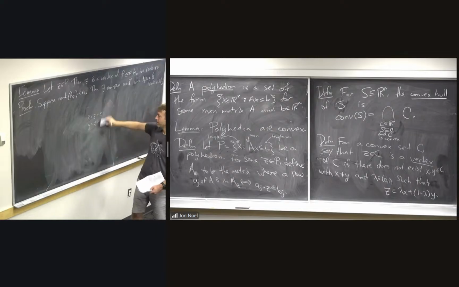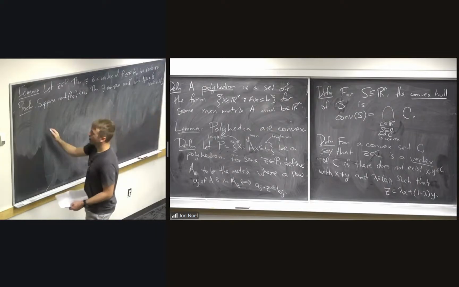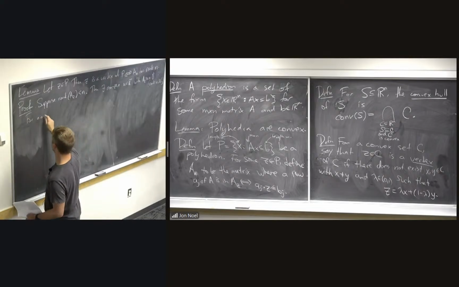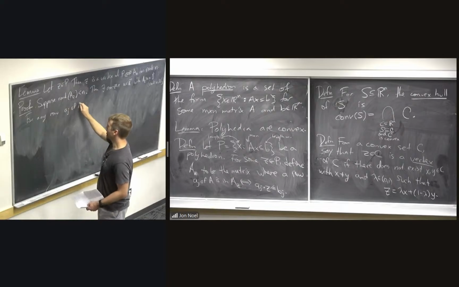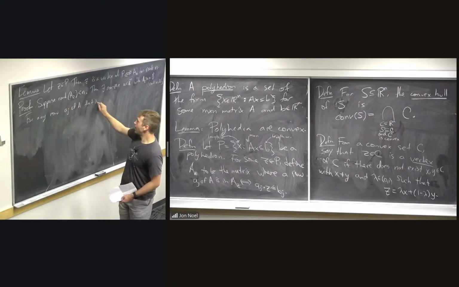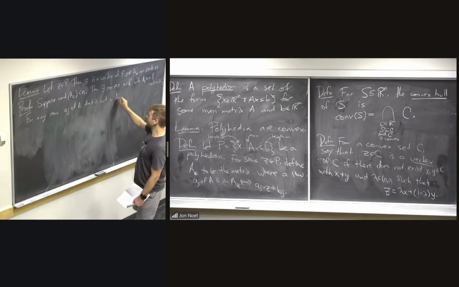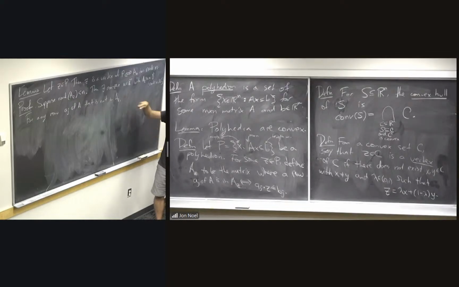For any row aj of A that is not in AZ, we know that the inequality is strict: aj times z is strictly less than bj.